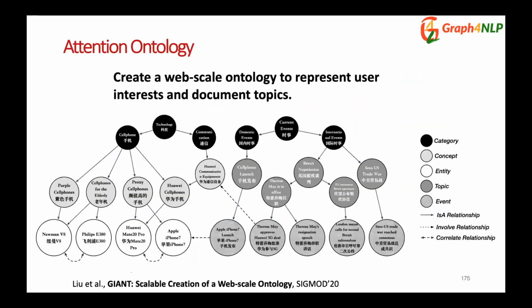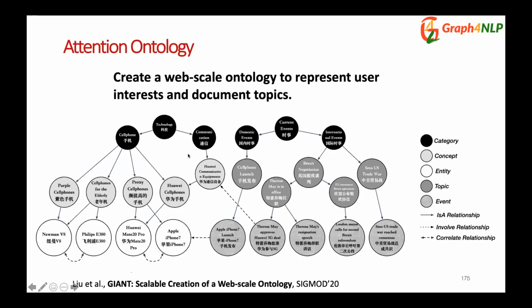So we constructed a web-scale ontology to represent user interests and document topics. Here we show the architecture of the ontology. Basically, we have different types of nodes organized in a hierarchical manner. The category nodes are like high-level categories, for example, current events, technology, and so on.